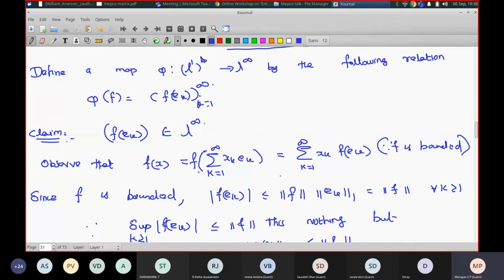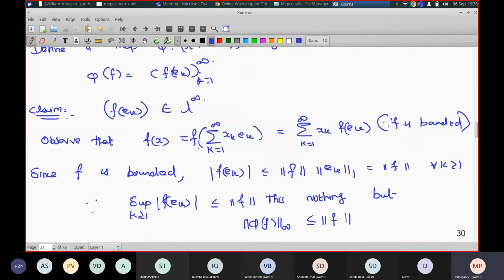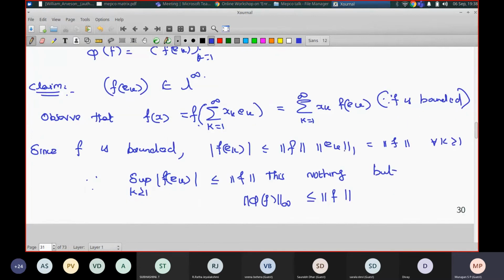And if f is continuous, you can bring f inside the summation over k equal to 1 to infinity. Because it is linear, you can take the scalar x_k outside: x_k f(e_k). Since f is bounded, the modulus of f(e_k) is less than or equal to norm f times norm e_k. What is the norm of e_k in L1?